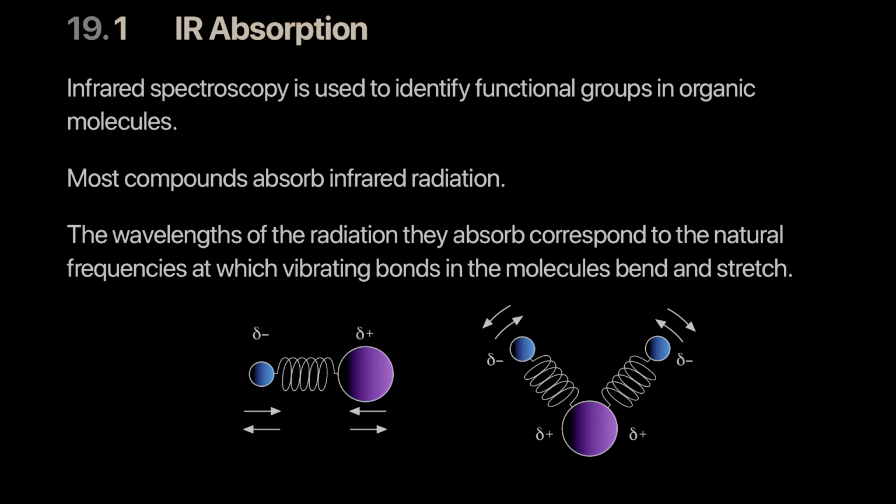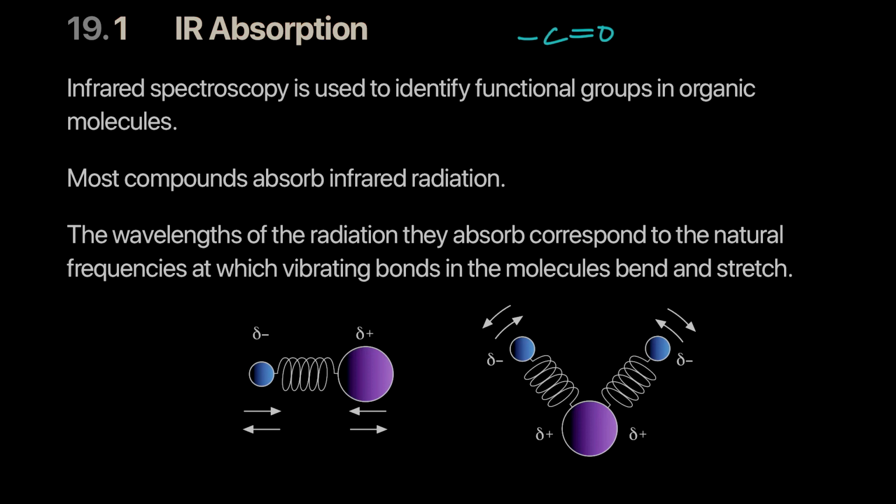And if you can figure out the kind of bond something has, we can figure out the functional group. For example, if a molecule has a C double bond O bond, then this compound might be an aldehyde, ketone, carboxylic acid, or ester.